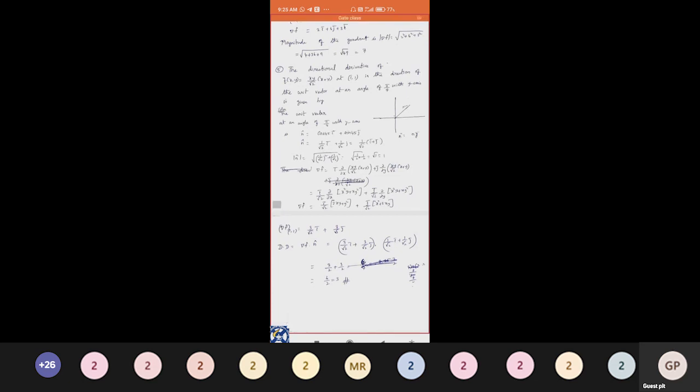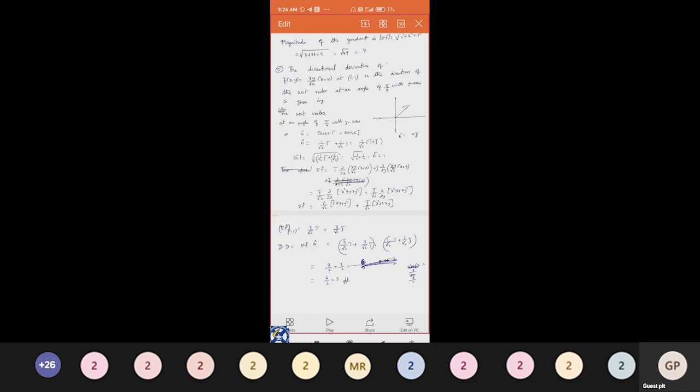Now using this gradient f and n cap, we can find the directional derivative. The directional derivative is given by del f dot n cap. Substitute del f and n cap: del f is 3 by root 2 into i vector plus 3 by root 2 into j vector, dot n cap, which is 1 by root 2 into i vector plus 1 by root 2 into j vector. We are multiplying two vectors using the dot product, so I should multiply component wise.